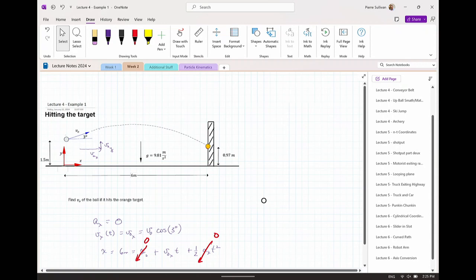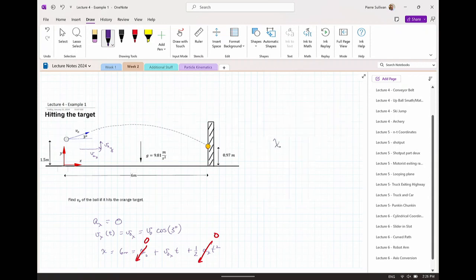Now, the time it takes to go up and down to 0.97 meters, because what I want at the end is to calculate xf equals 6 meters, yf is equal to 0.97 meters. Everything is defined with respect to the ground. So I've defined the ground as 0. I start out with a y naught of 1.5 meters. I end with a y final of 0.97 meters.